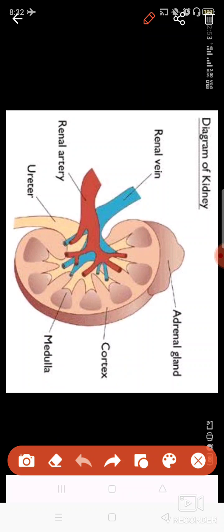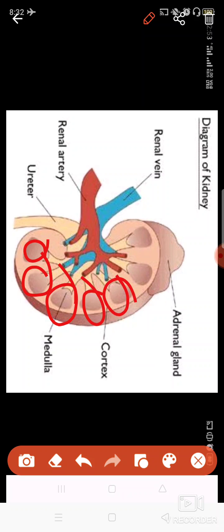It is covered by a membrane which is known as the capsule. In the medulla region, you will see these pyramids. These are the medullary pyramids. They look like pyramids, that is why they are known as medullary pyramids.